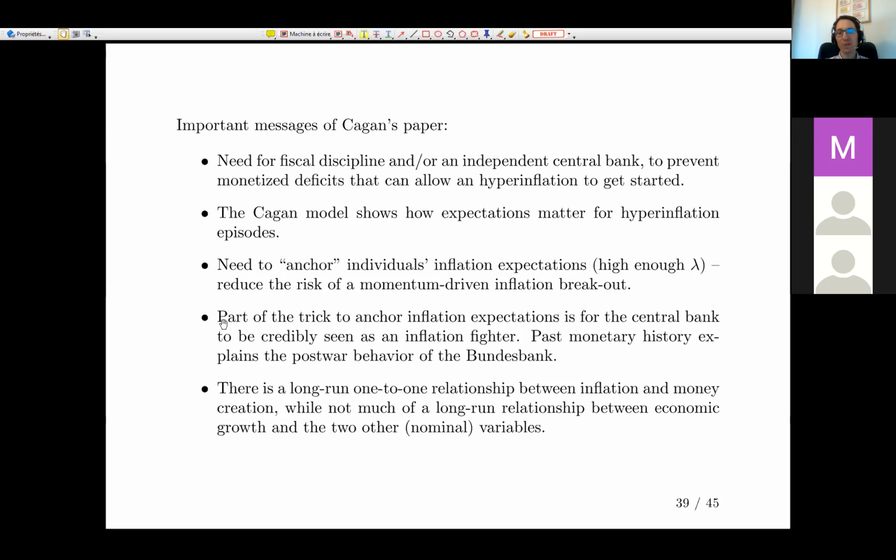Part of the trick is to have a central bank that is hawkish, hawk-like, meaning it's very hard and cares a lot about the value of money.